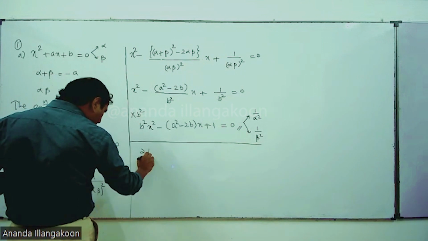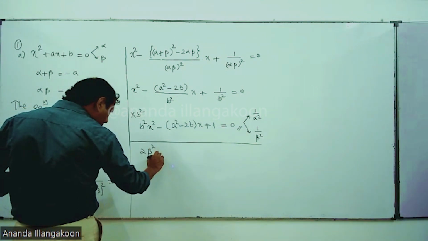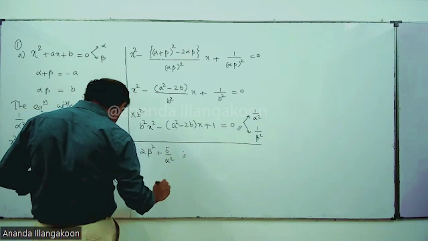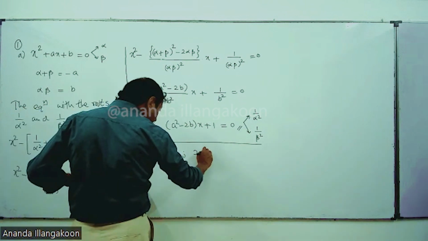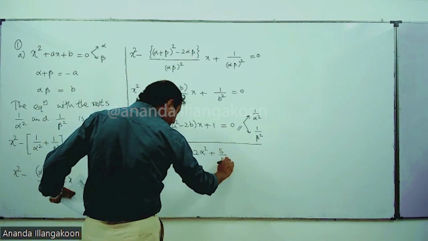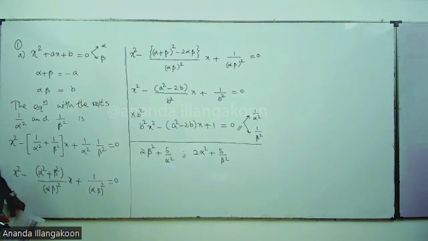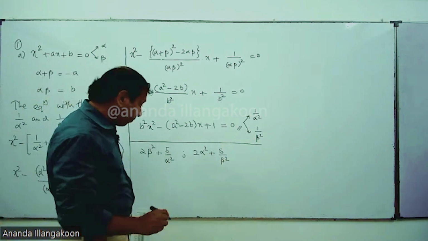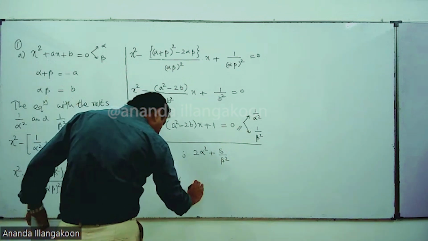Now the two roots given are 2 beta squared plus 5 upon alpha squared, and 2 alpha squared plus 5 upon beta squared. You can very clearly see these two roots are symmetric. What is meant by symmetric? There are two different letters, alpha and beta.